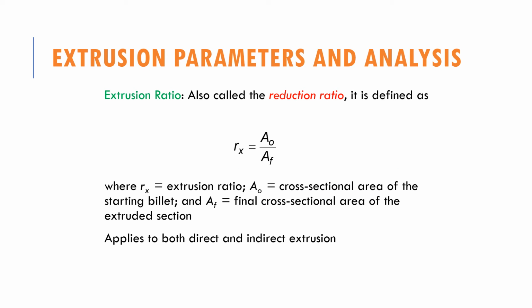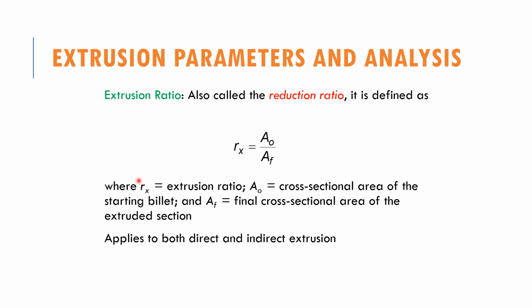So for extrusion parameter and analysis, in extrusion ratio, we call reduction ratio, where because there will be reduction of the cross sectional area compared to the starting cross sectional area. So this is calculated by using this equation, Rx equal to A naught over A final, where the A naught is the cross sectional area of the starting billet and AF is the final cross sectional area.